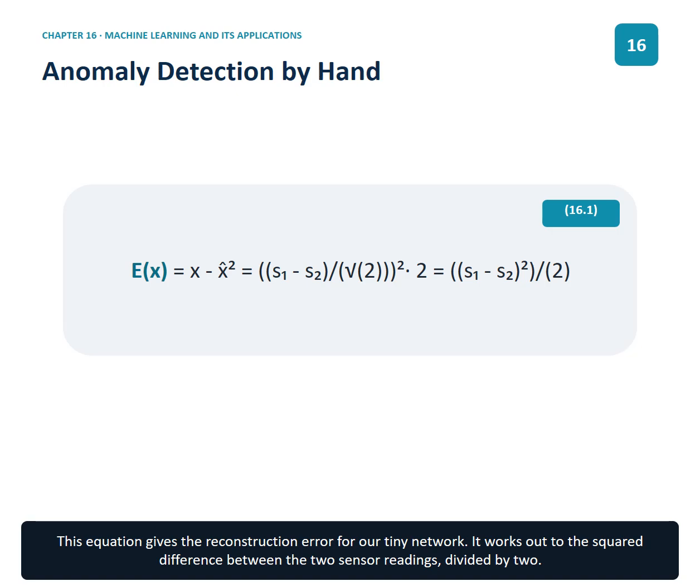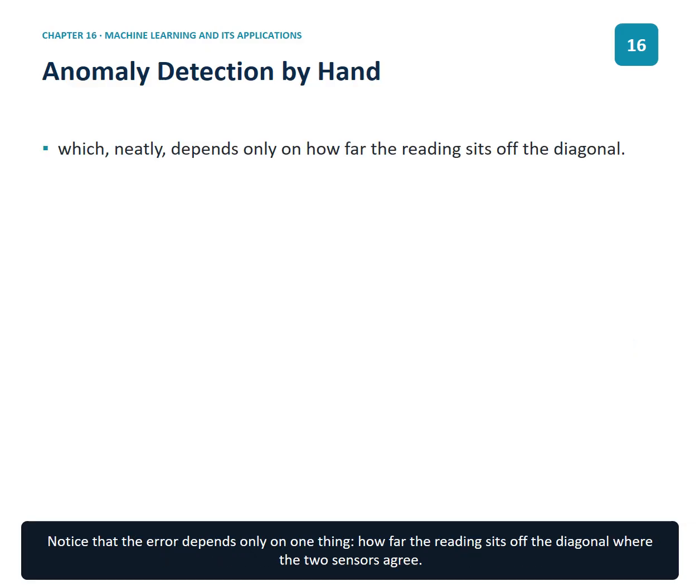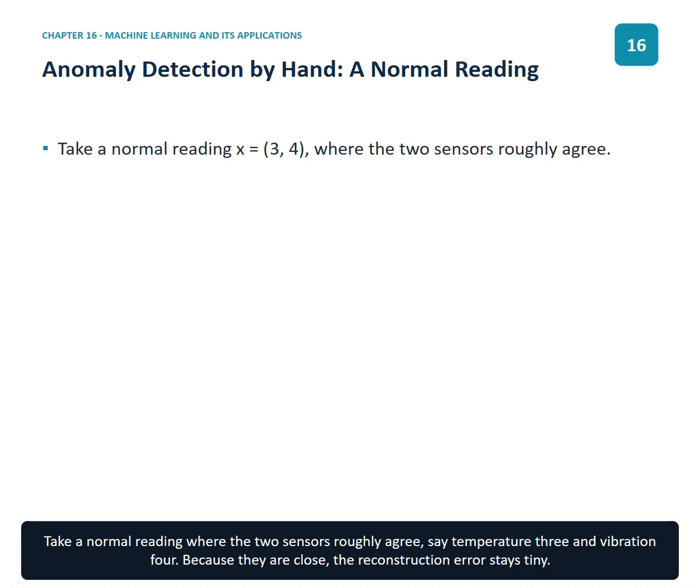It works out to the squared difference between the two sensor readings, divided by 2. Notice that the error depends only on one thing: how far the reading sits off the diagonal where the two sensors agree. Take a normal reading where the two sensors roughly agree, say temperature 3 and vibration 4. Because they are close, the reconstruction error stays tiny.